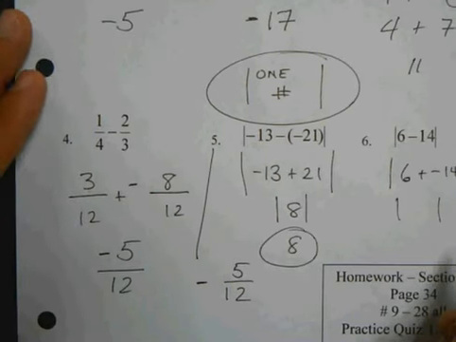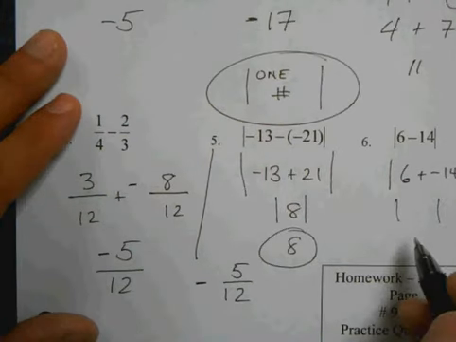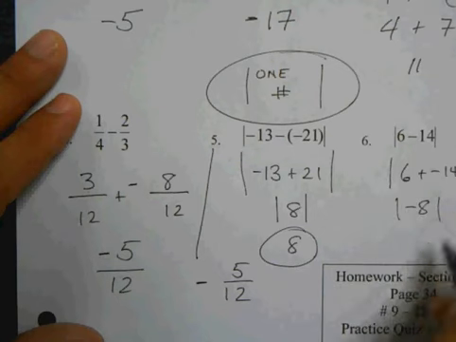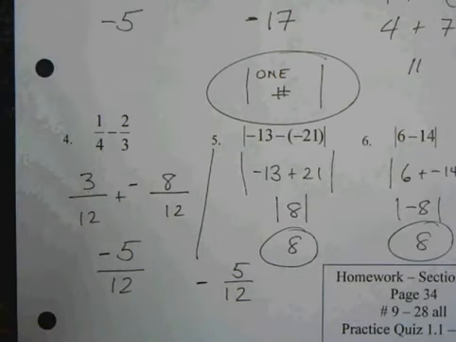What are we thinking here? Jimmy, what do you think? 6 plus negative 14? Negative 8. And how far is negative 8 away from 0? 8. Two very different problems, two very similar answers. So as you're doing absolute value, make a note to yourself, put a big arrow that says get it down to one number first, then take your absolute value.